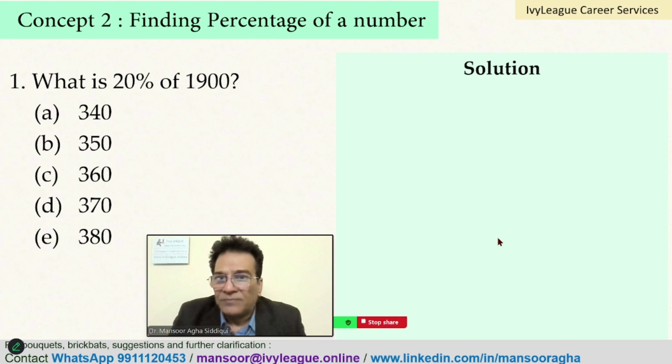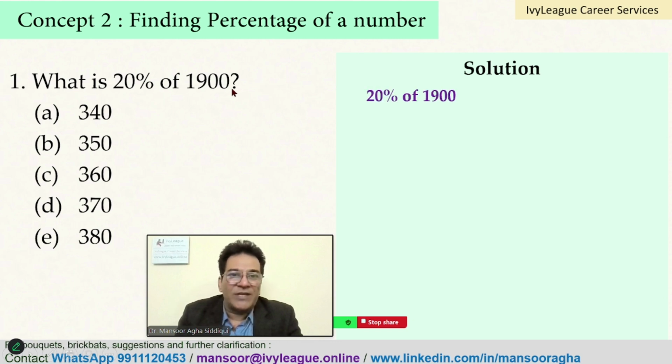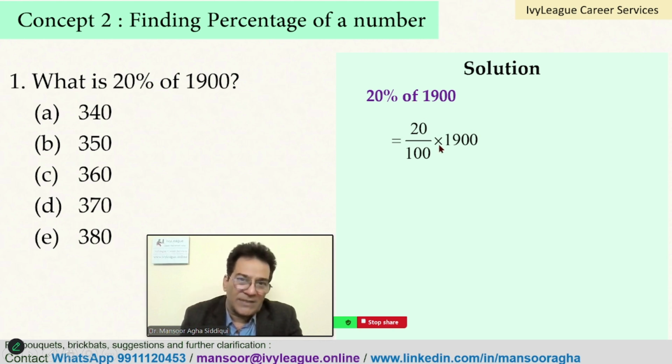Okay, let's start. The most basic question which can be asked in case of percentages can be a question like this one, which says, what is 20% of 1900? The way to solve this particular question is that when it says what is 20% of 1900, then it is basically asking for replacing the word of with the multiplication sign.